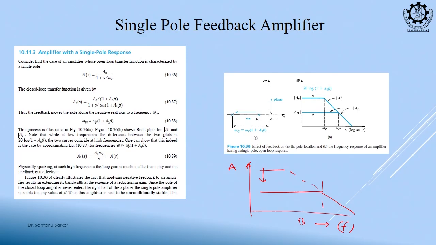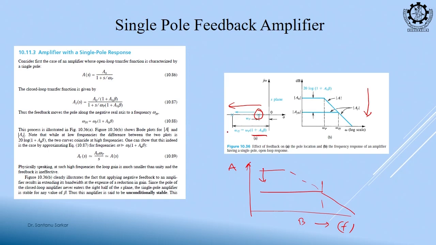How? So you see one interesting point. In open loop your pole position was here. Because I have used the feedback, this is moved to a higher position. What higher position? Multiplied by 1 plus A beta. So you are dividing by something bigger, so your amplitude is falling down.